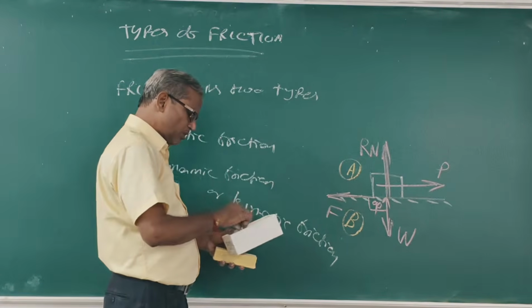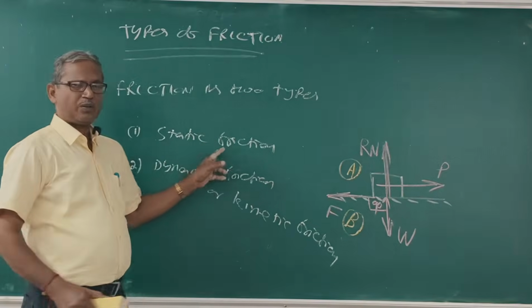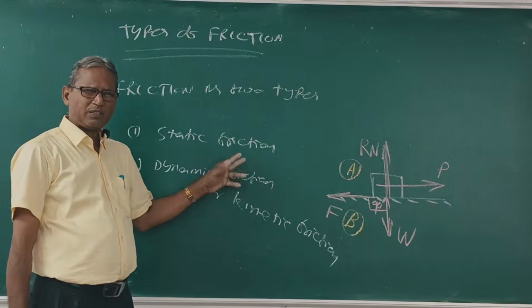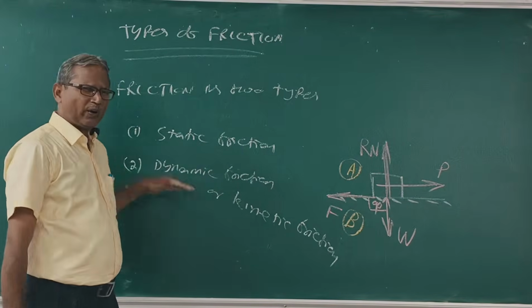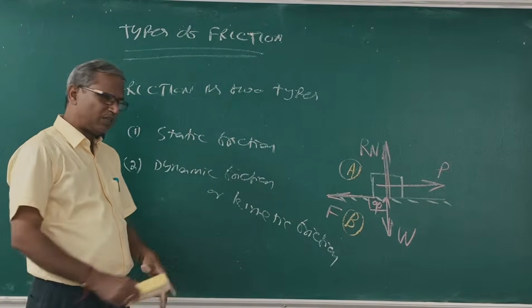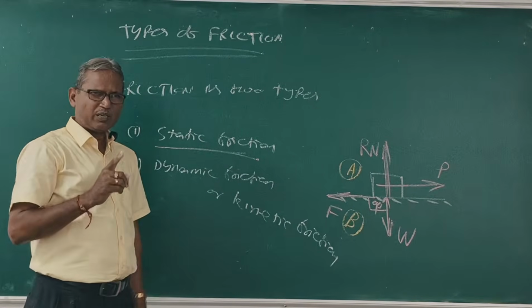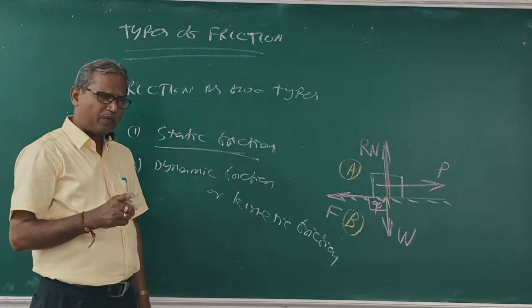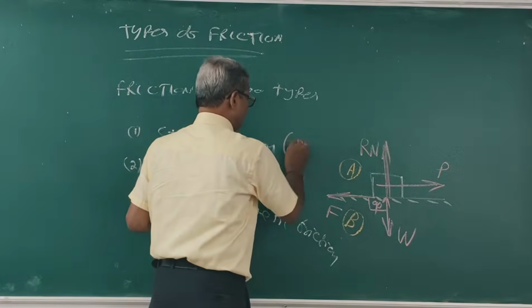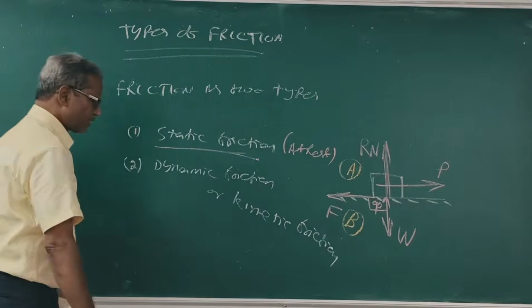So what is static friction? When the body is at rest. What is dynamic friction? When the body is in motion. Static friction is the friction experienced by a body at rest.